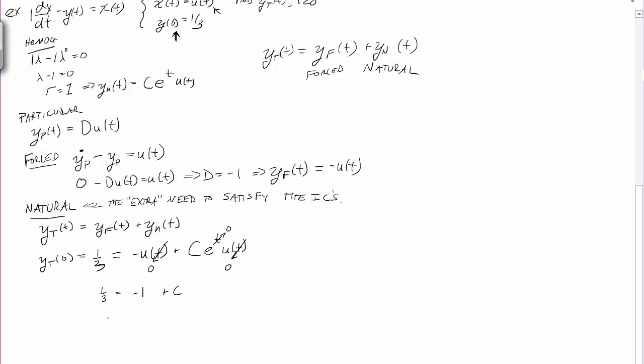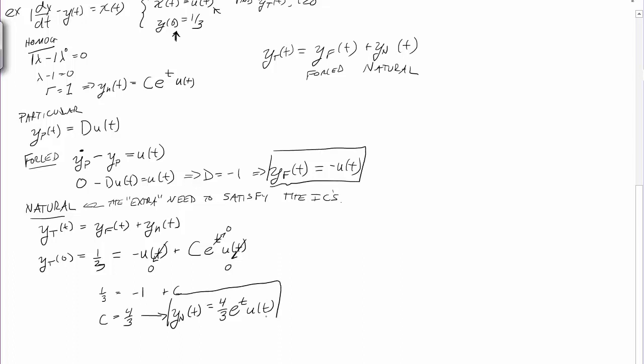All right, so this tells me that c has to be 4/3. And with this coefficient, I can determine the natural solution. This is the homogeneous with this coefficient. So 4/3 e to the t, u(t). Okay, so we've got one answer here, and we've got another answer here, and what's left is to combine them.